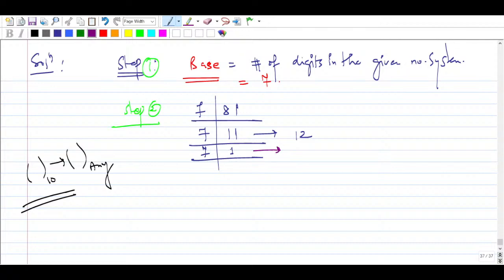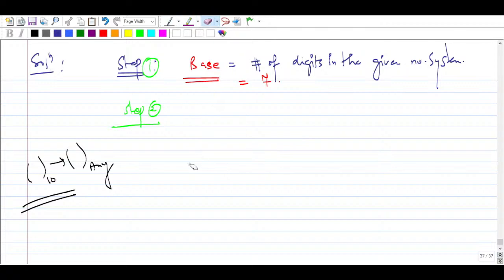Okay, let me do it again with successive division, because as we know, if the base is 7, no digit should be crossing more than the base. All the digits in the number system must be less than the base.